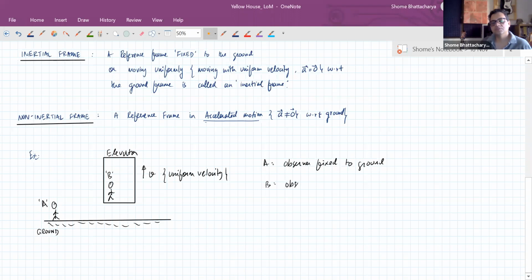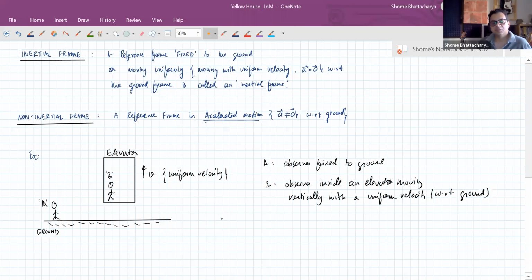B is the observer inside an elevator moving vertically with a uniform velocity with respect to ground.